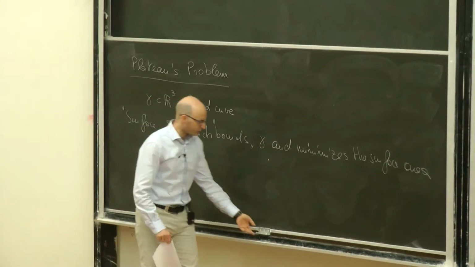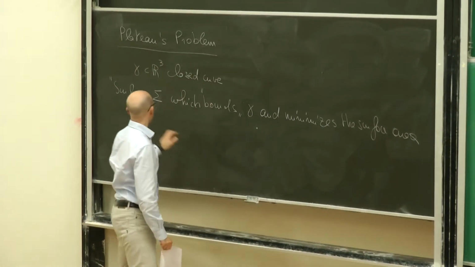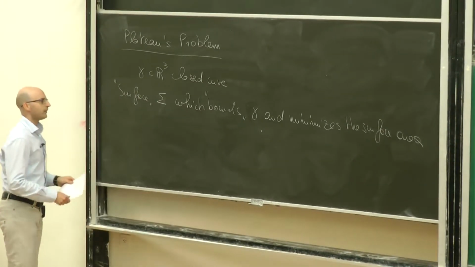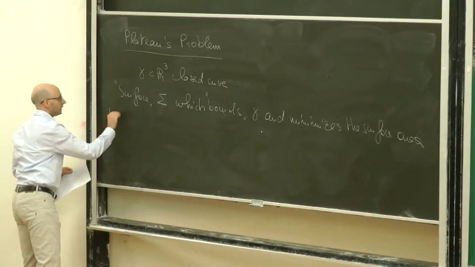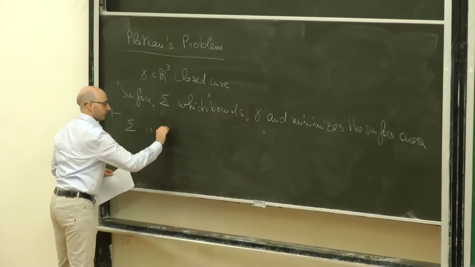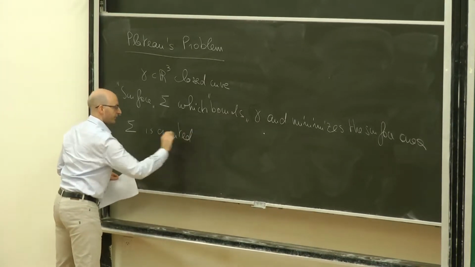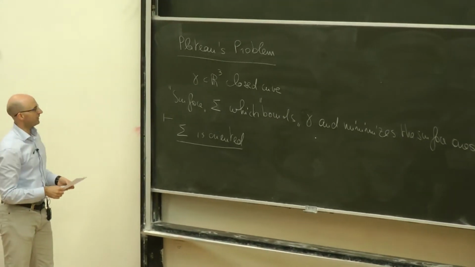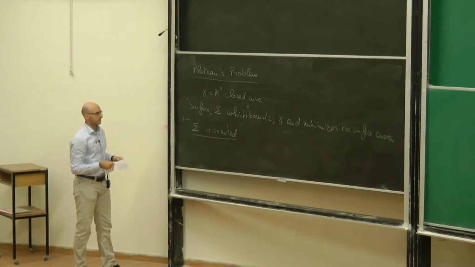Anyway, so there are various ways of defining what it means to be a surface in general, what it means to bound gamma. But in this talk, I'm always going to assume that sigma is oriented. So that is going to be one key assumption, and that's why I've given in the title the oriented Plateau problem.